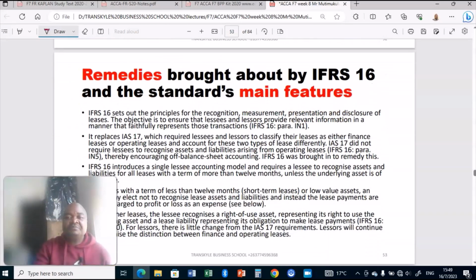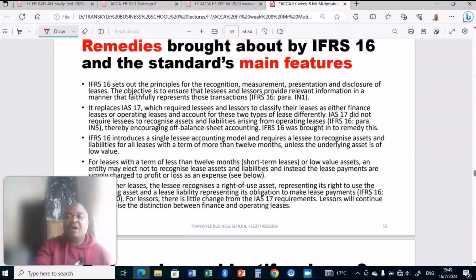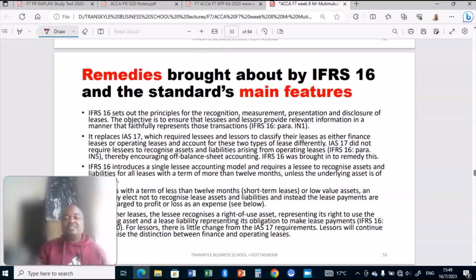Okay, now this is the very important background which we need to discuss before we get deeper into the subject area. Remedies brought about by IFRS 16 and the standard's main features. IFRS 16 sets out the principles for the recognition, measurement, presentation, and disclosure of leases.